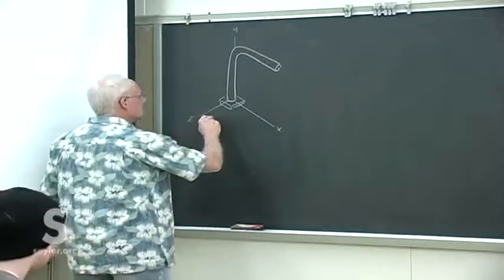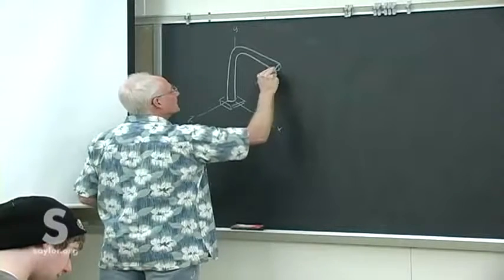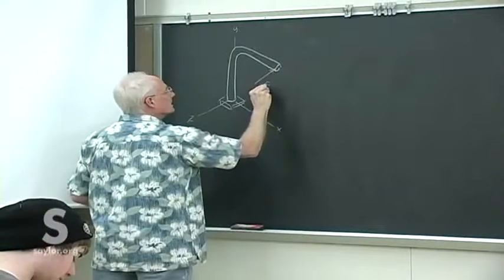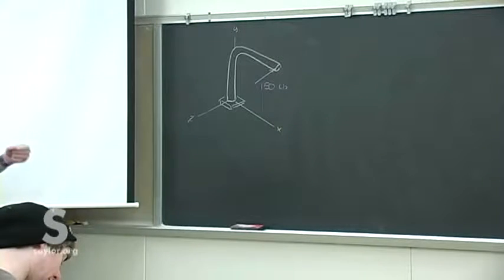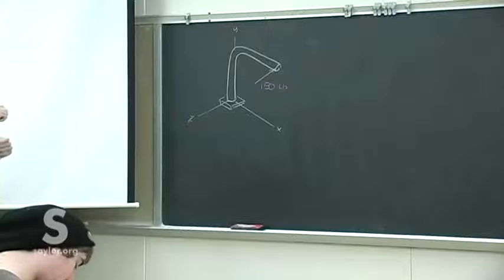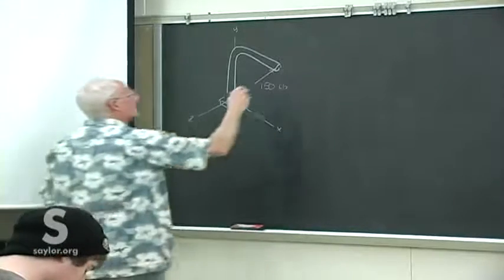So in the Z direction, but applied at the end up here, there's a load of 150 pounds. So that's going to try to twist that piece, it's going to try to bend that piece over, and it's even going to try to shear that piece off, depending on what the piece is good at resisting.